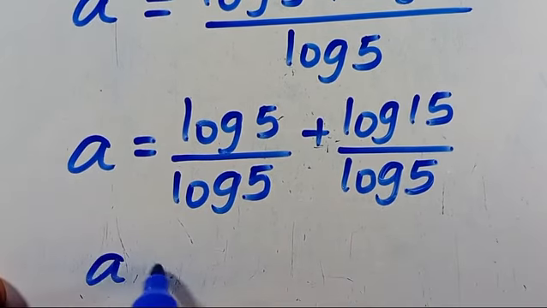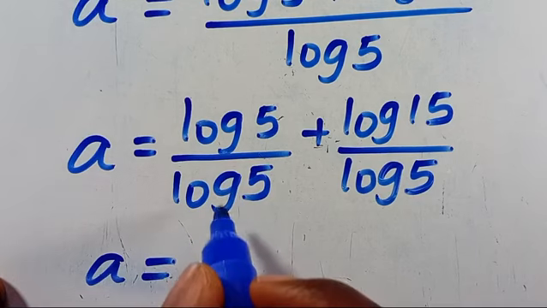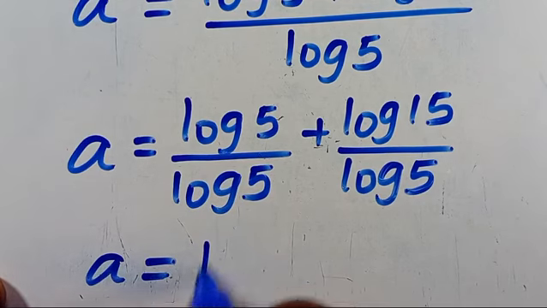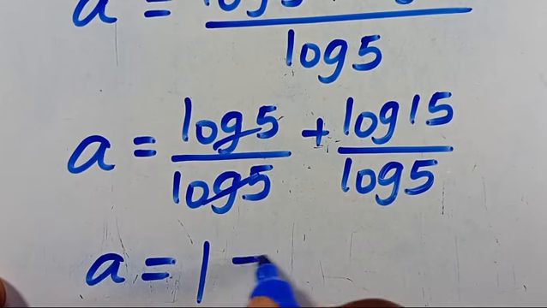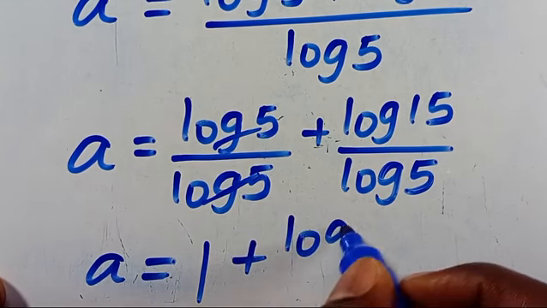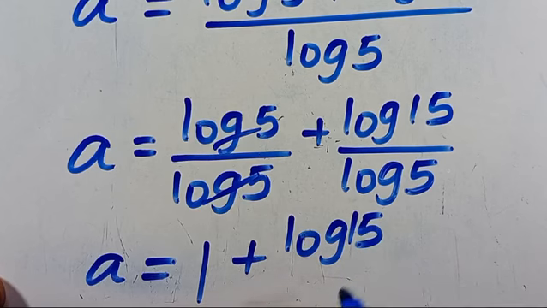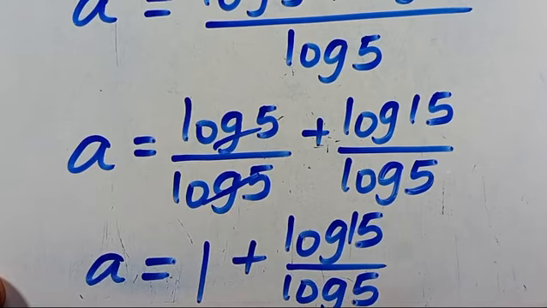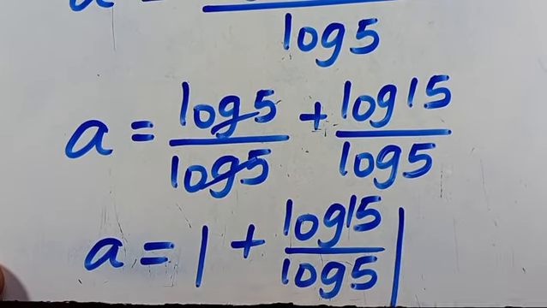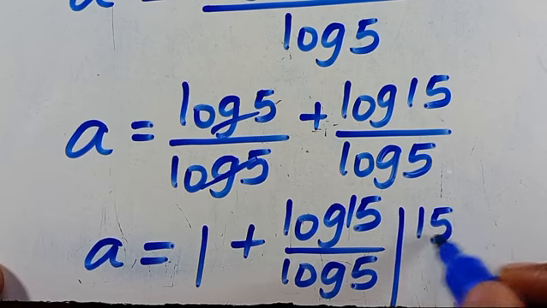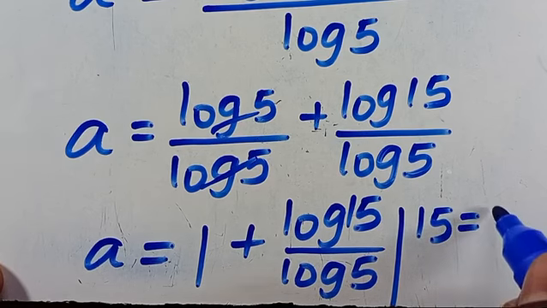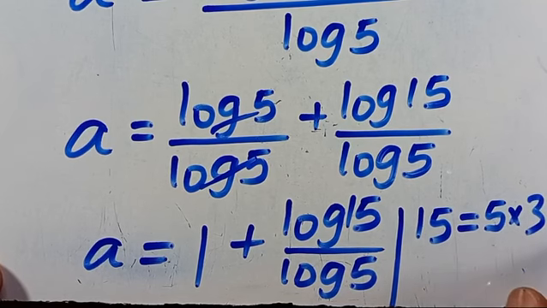So from here we have a equals log 5 divided by log 5, which will give us 1, plus log 15 divided by log 5. But mind you that we can also have 15 equal to 5 times 3.